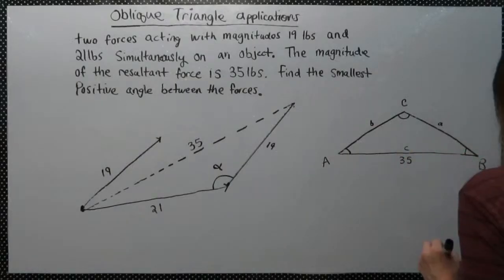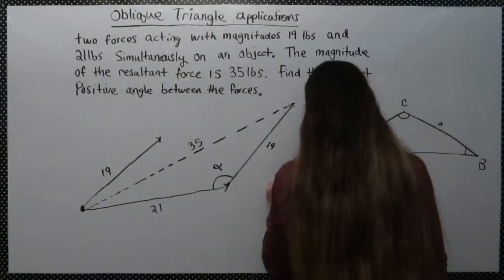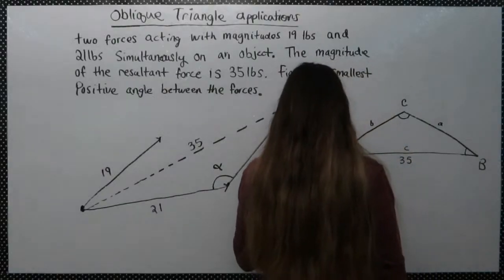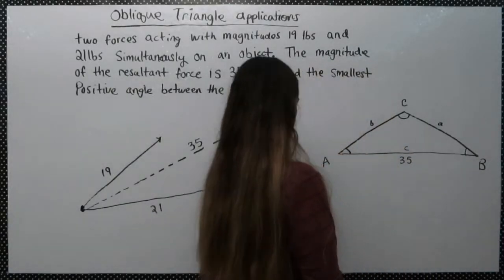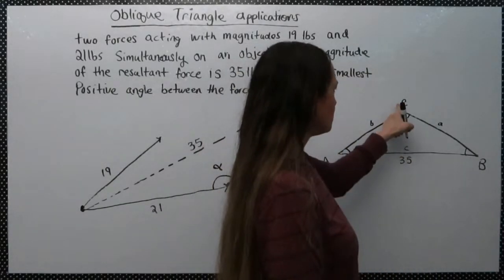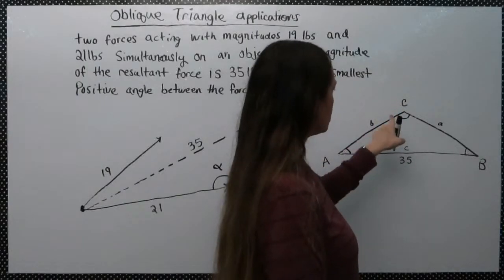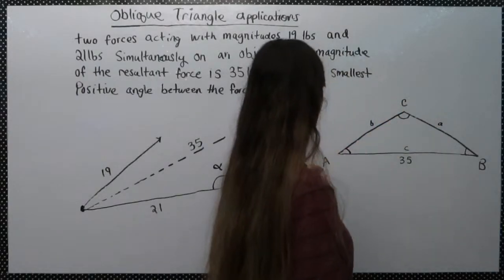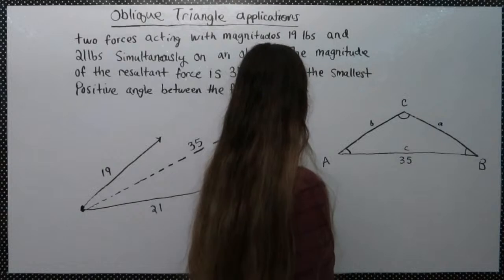So remembering the law of cosines here, we've got c squared. Because we're looking for the angle in between these two, let's make a list.